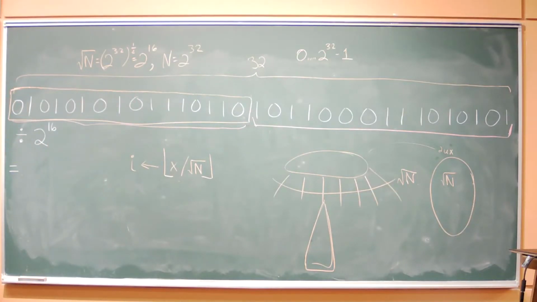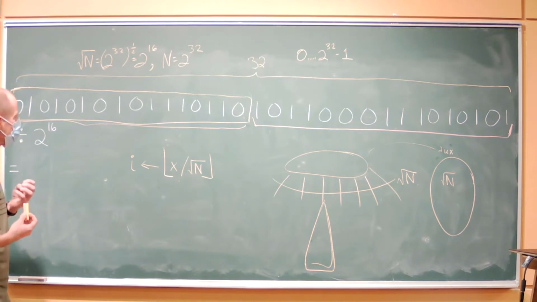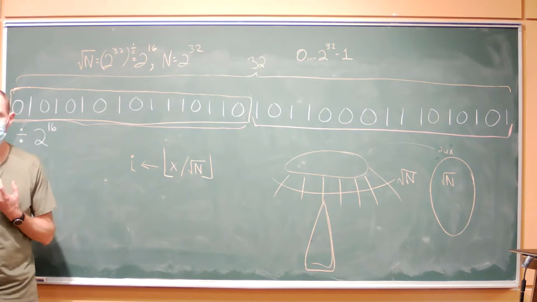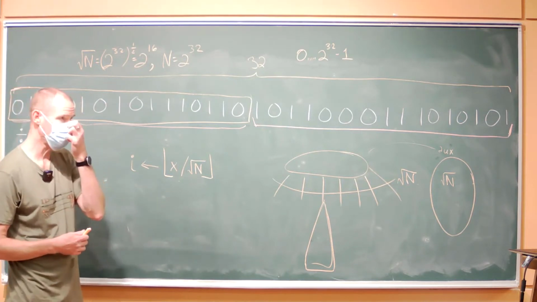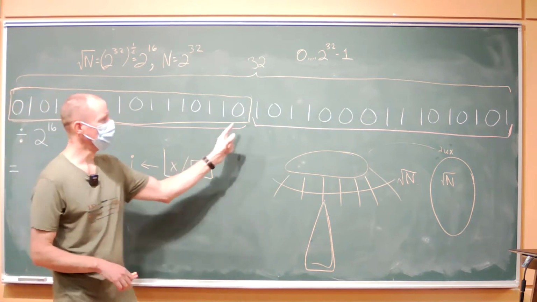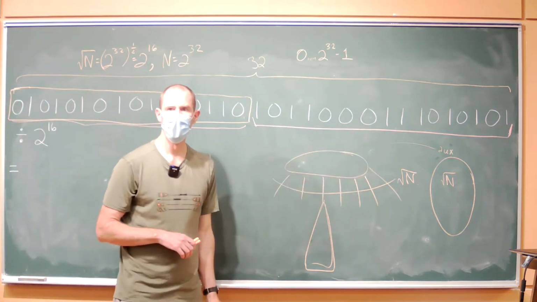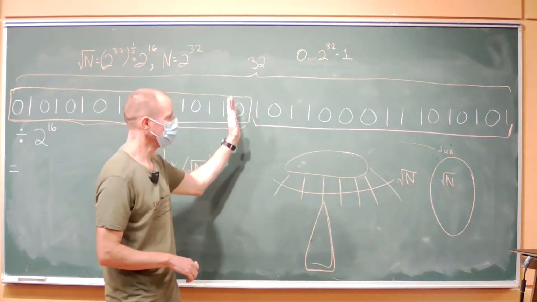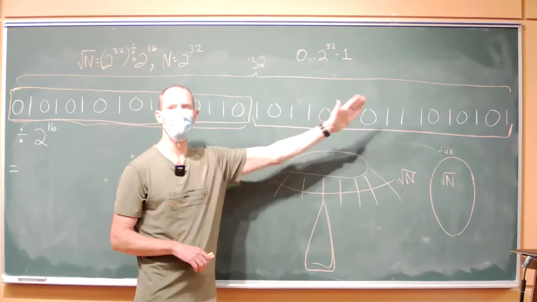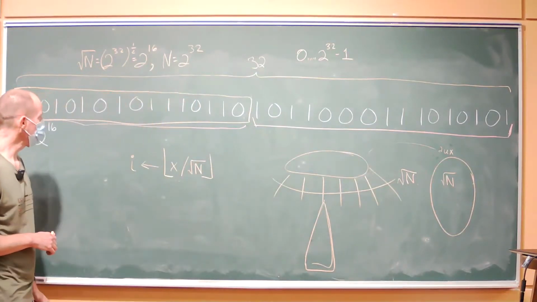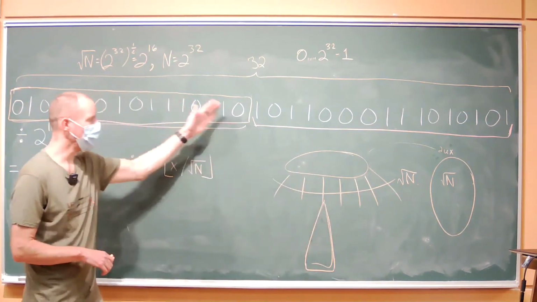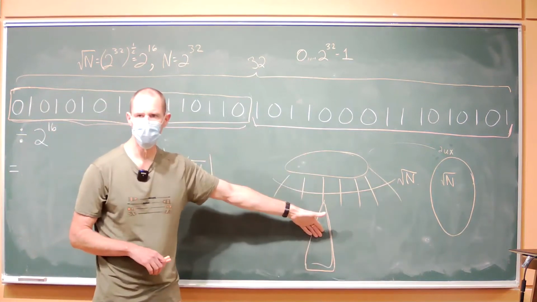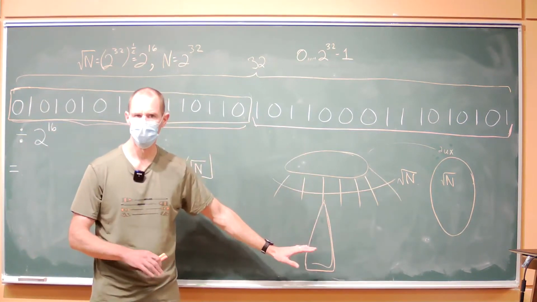So one way to think of van Emde Boas trees is that the structure is organized in such a way that you have enough information to make a decision about whether or not these low order bits matter. If we go searching in aux, it turns out we never look at these low order bits again. They didn't matter. And if we go searching in this lower tree, then the higher order bits don't matter anymore. We use them to know which tree we're searching in, but after that, they go away.